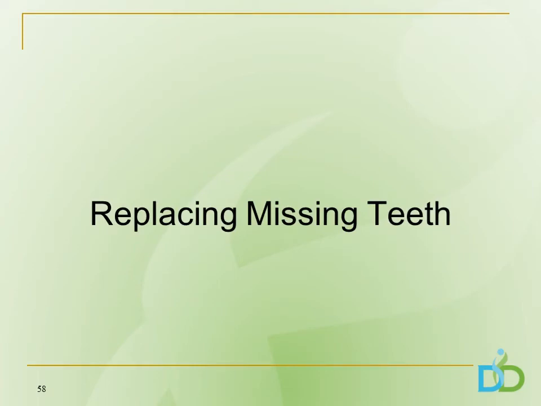Let's talk for a few moments about replacing missing teeth or using dentures. There are several ways to replace missing teeth. The individual needs and the ability of the person to participate sufficiently to permit dentures to be made may determine whether or not teeth can be replaced. There are also financial considerations to take into account.